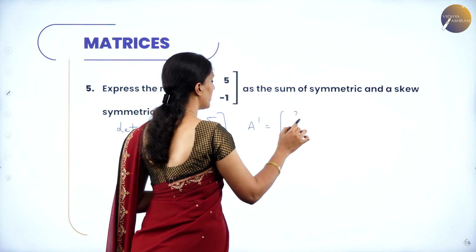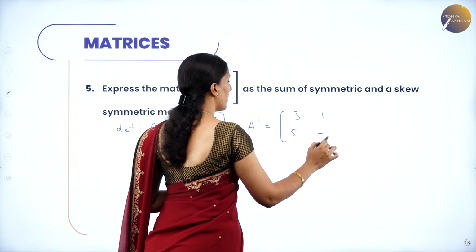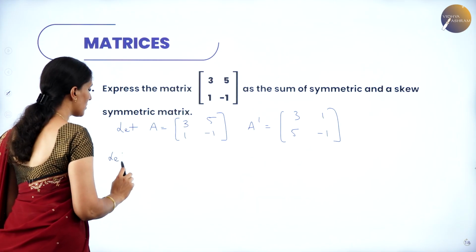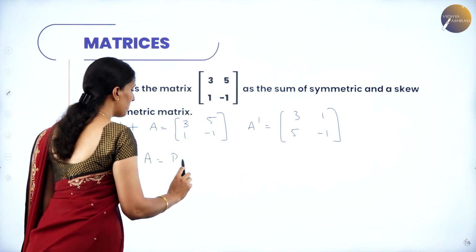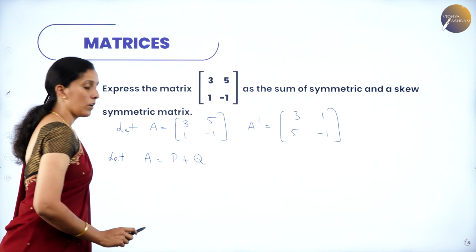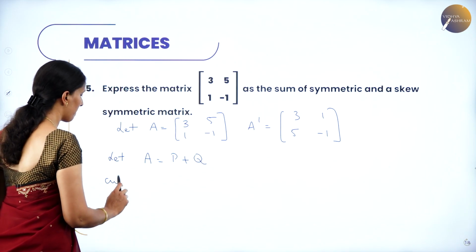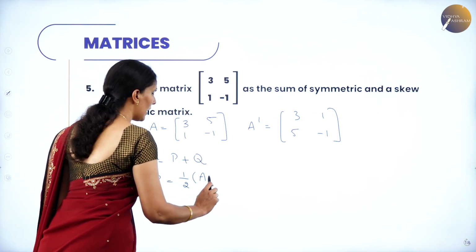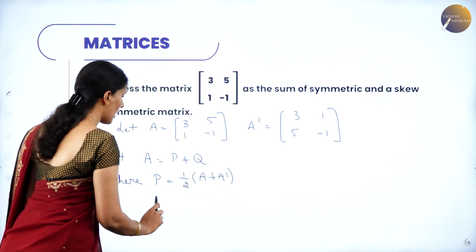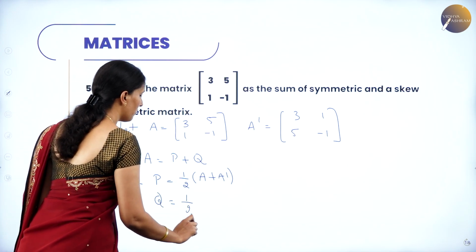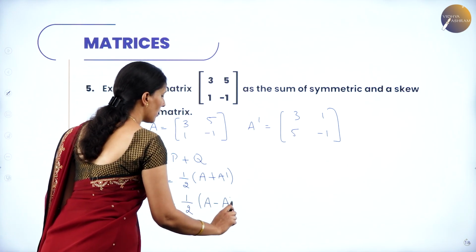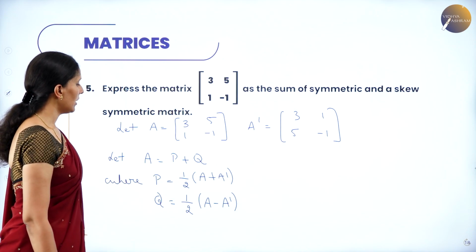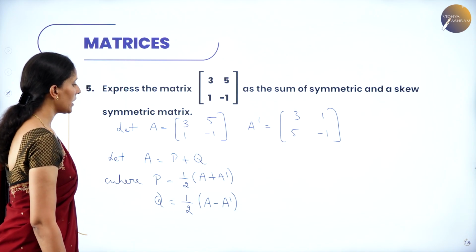Then it is 3, 1, 5, minus 1. Next, let A be equal to P plus Q, where P is equal to half of A plus A transpose and Q is equal to half of A minus A transpose. Okay, so here let's solve for P and Q.